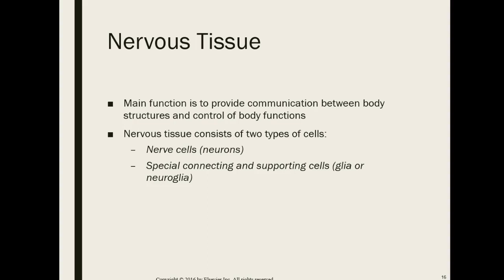And then we have special connecting and supporting cells, which are glia or neuroglia. So the neuron itself is going to be made up of a cell body, 1 axon, and then 1 or more dendrite. So the axon is going to be the portion of the cell that transmits impulses away from the cell. Dendrites are going to carry the impulses to the cell.